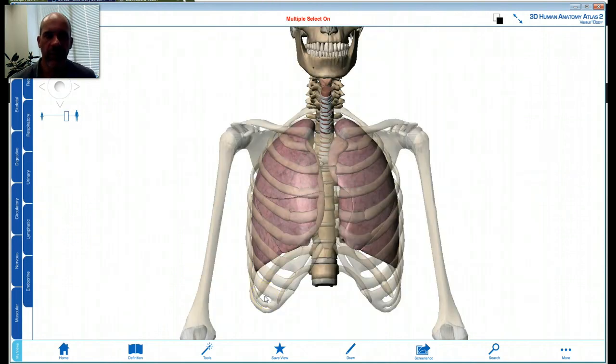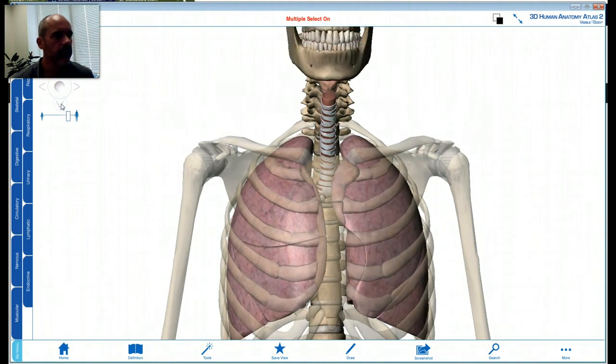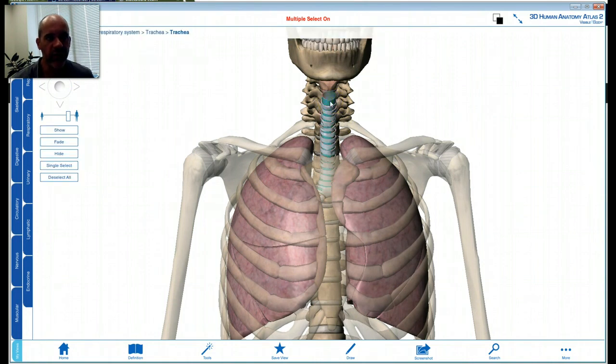Okay, this is a view of the thoracic cavity in which everything except for the skeletal system and the respiratory system have been removed. So that's going to let us take an easier look at the structures you need to know from the respiratory system in your thoracic cavity. All right, so as I pointed out before, right in there, that tube is your trachea.